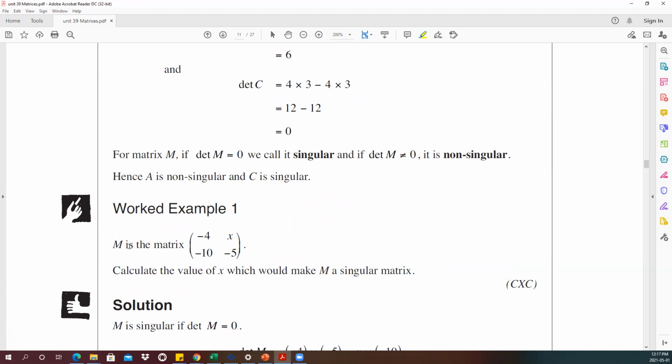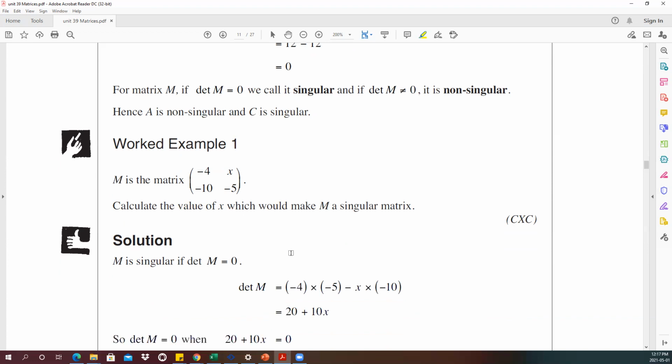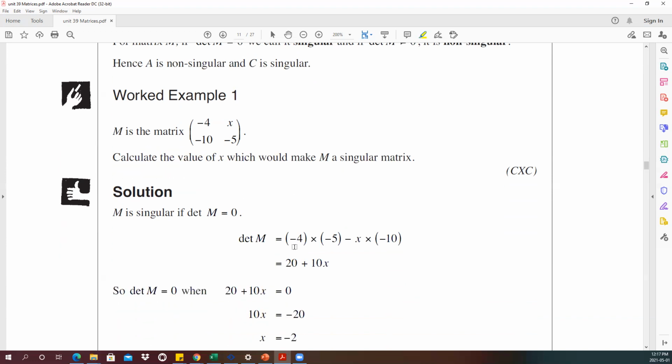All right, so work example 1. M is the matrix. Calculate the value of x which would make M a singular matrix. In other words, that would make the determinant of M equal 0. So all you do is set the determinant to 0.